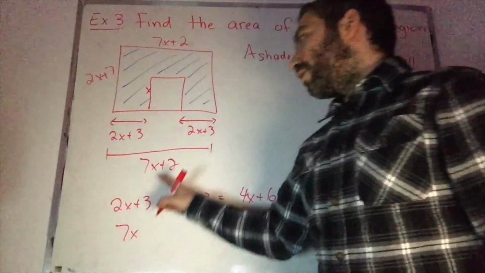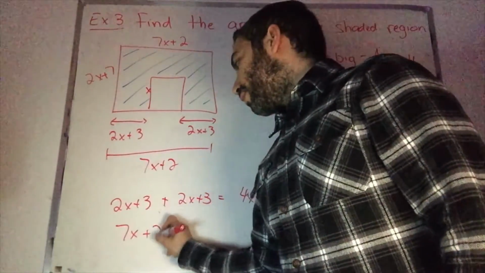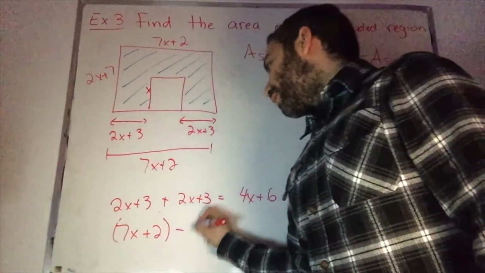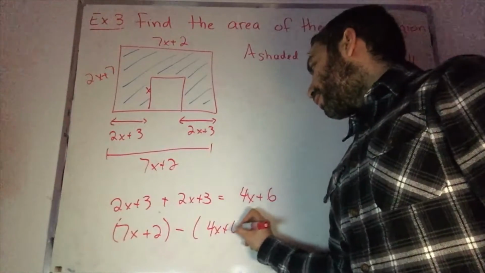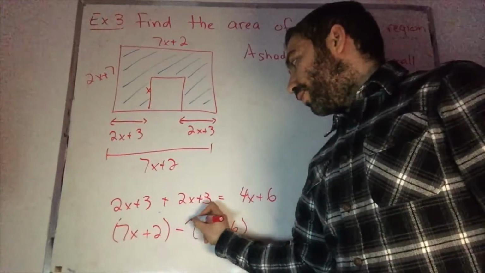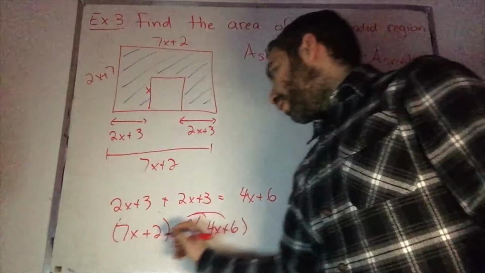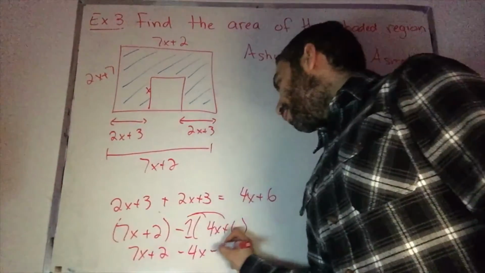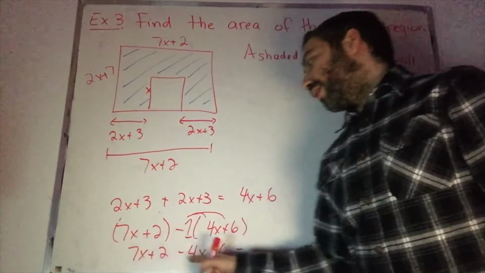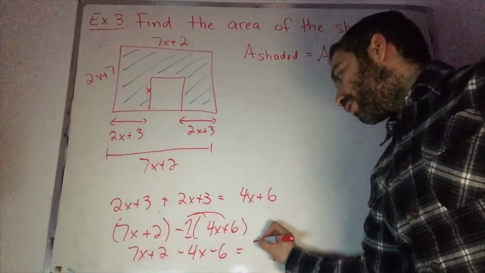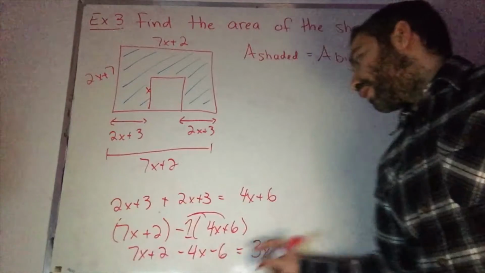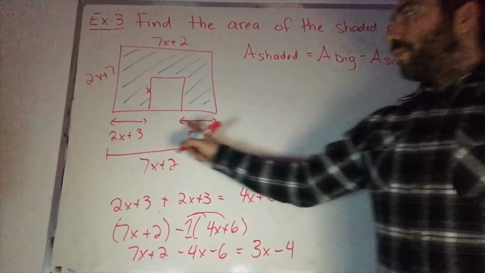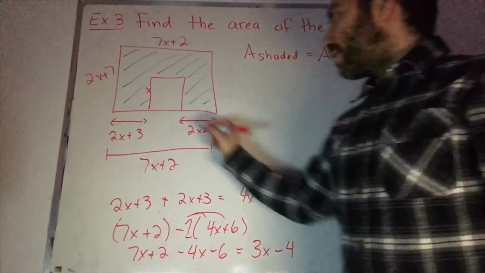So notice that I'm subtracting the total, 7x plus 2, put it in brackets, minus 4x plus 6. Distribute the negative 1, and we get 7x plus 2 minus 4x minus 6. Combine like terms, 7x minus 4x is 3x, and 2 minus 6 is minus 4. So the piece here that's missing is 3x minus 4.